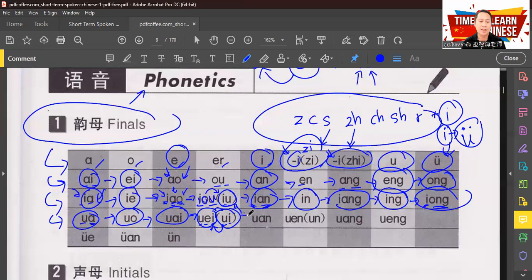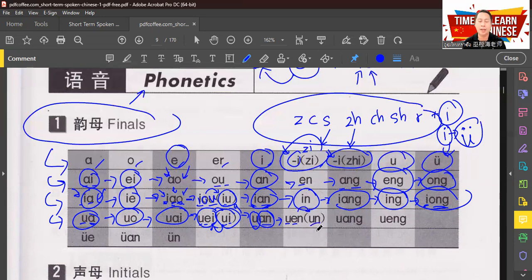Okay. Next one. U and AN. U is U, AN is an. U and an is wan. Okay. Let's go to the next one. U is U, EN is en, U and en is wen, but it is a short form.